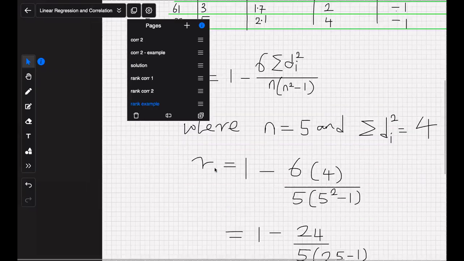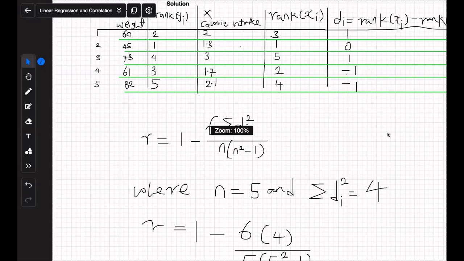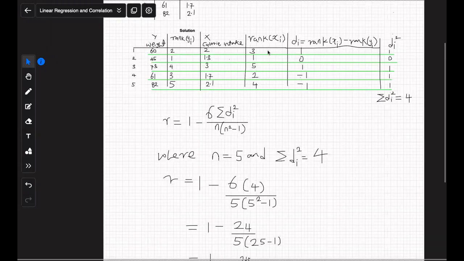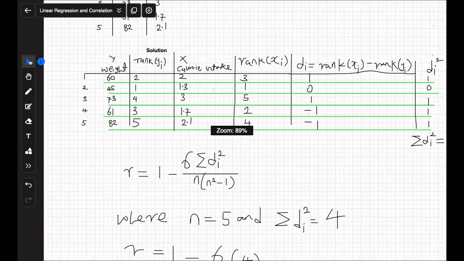Now coming back here, we obtained our d when we were discussing the other time. So we said 3 minus 2 gives 1. 1 minus 1 gives 0. X minus y, don't forget, rank of x minus rank of y.